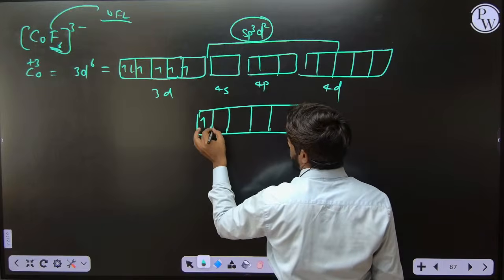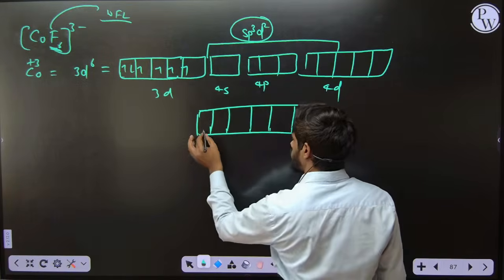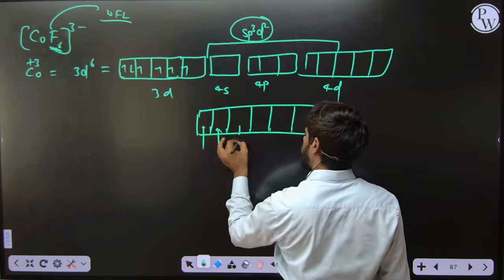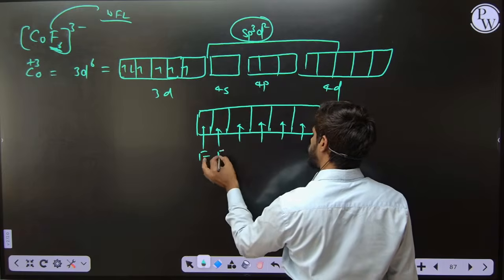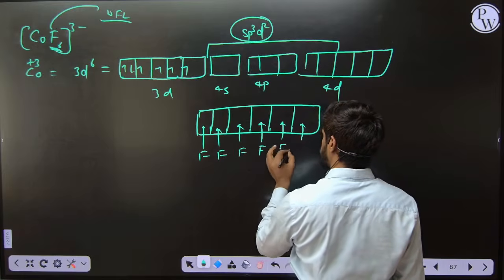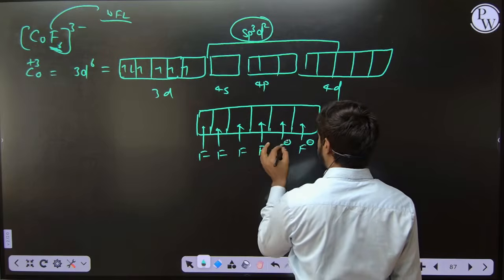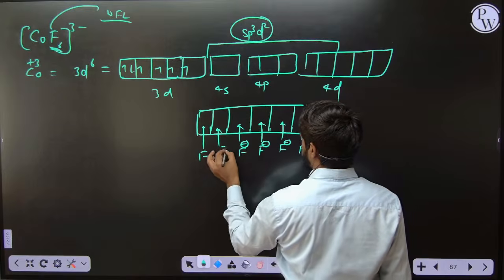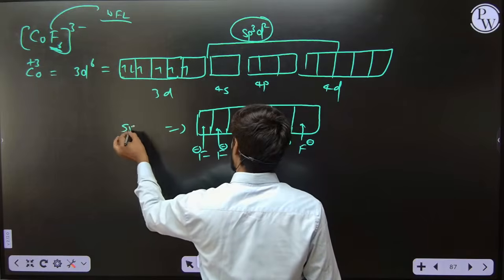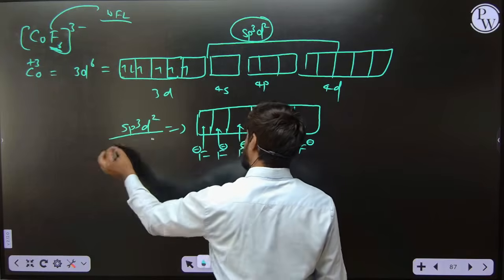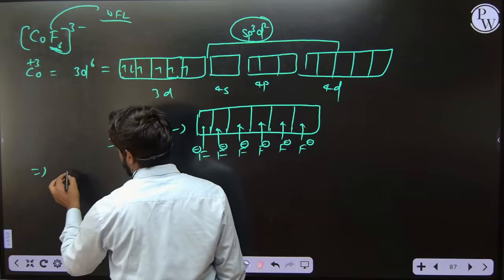These are the vacant hybrid orbitals, and the 6 fluoride ions will give their electron pairs to this hybrid orbital, that is sp3d2.